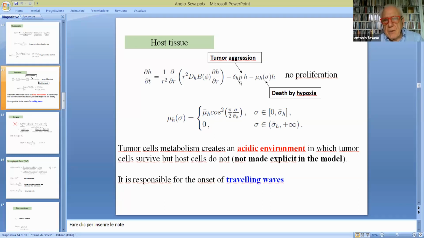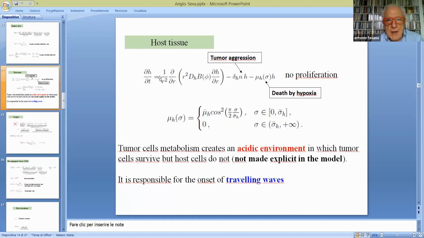So here we suppose that when N and H, tumor and healthy cells, are present at the same place, then N destroys H at some rate.